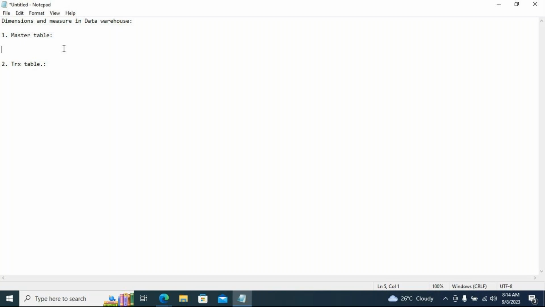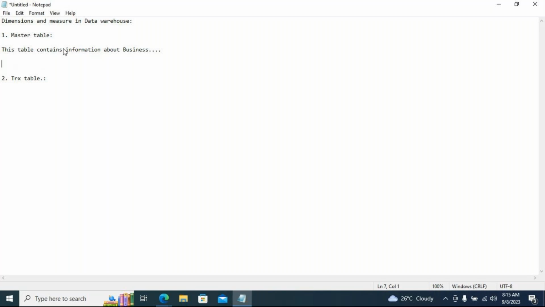This table contains information about the business. So in real time, if you want to get any dimension information, they will usually get the data from master tables.